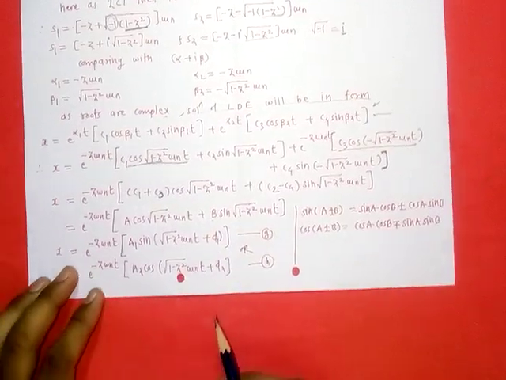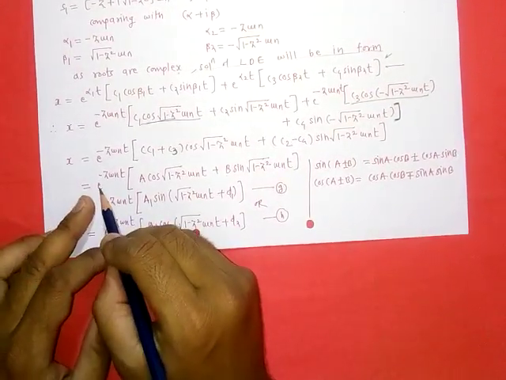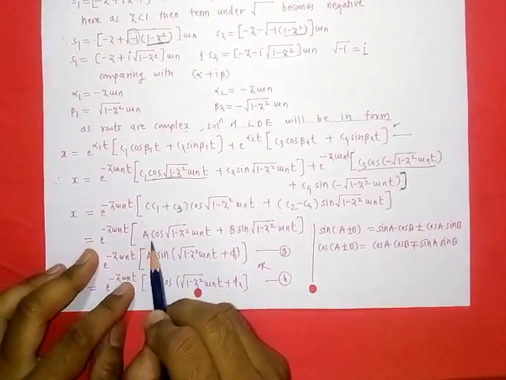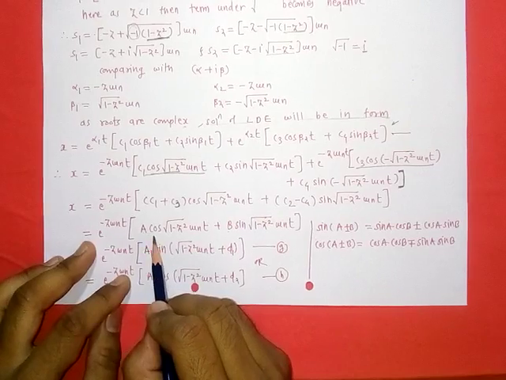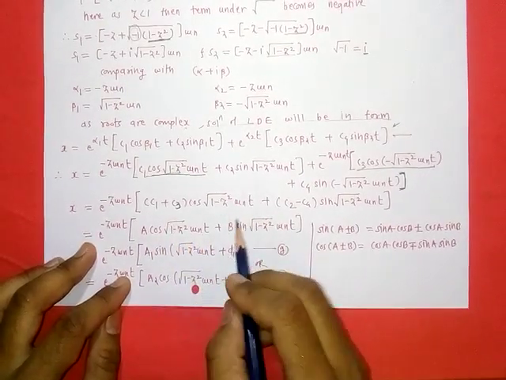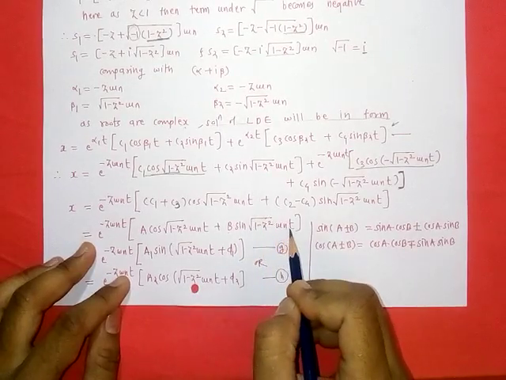Now our equation becomes x is equal to e raised to minus zeta omega n t into bracket a cos under root 1 minus zeta square omega n t plus b sin under root 1 minus zeta square omega n t.